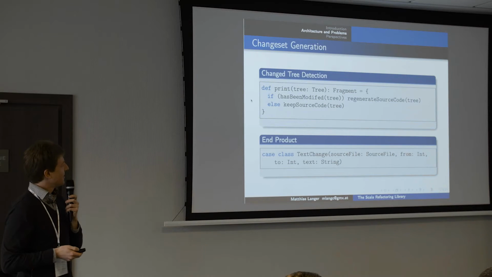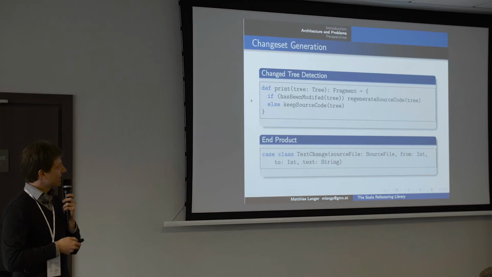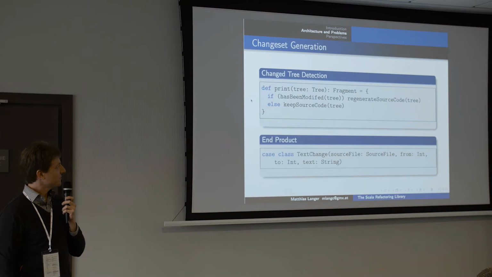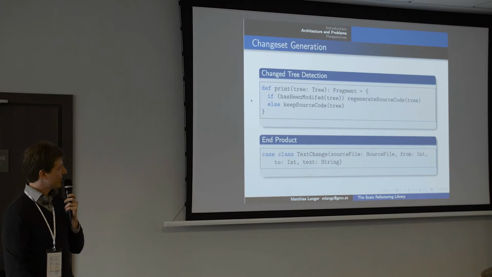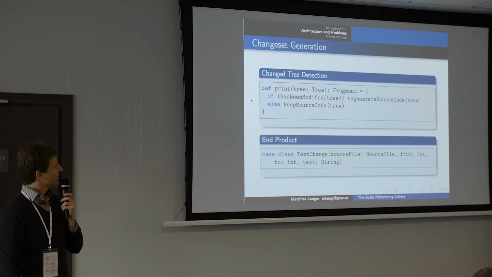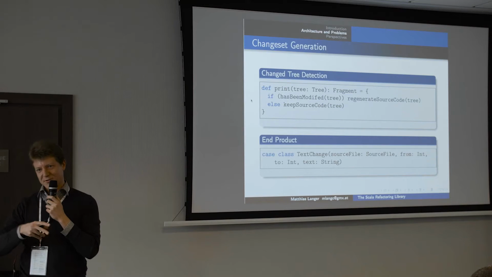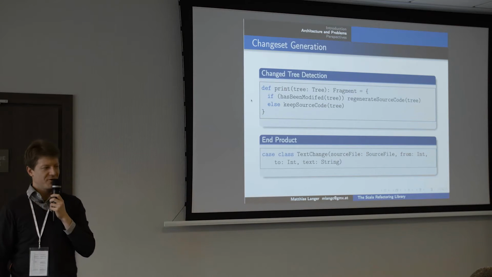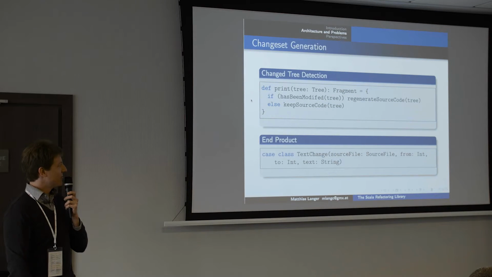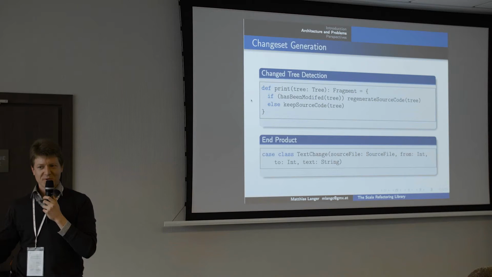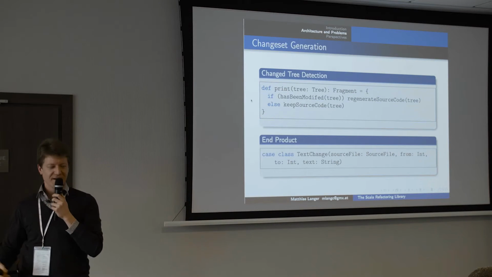All right. Well, so then the final phase that is performed for the refactoring by the refactoring library is the actual change set generation. So now we have modified our abstract syntax tree. We have applied a transformation to it that represents our refactoring, and now we have to generate source code from these transformed trees again.